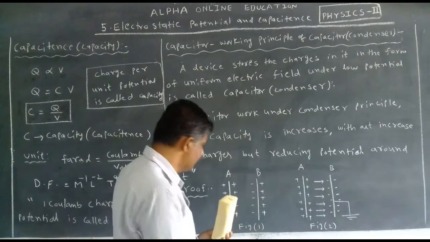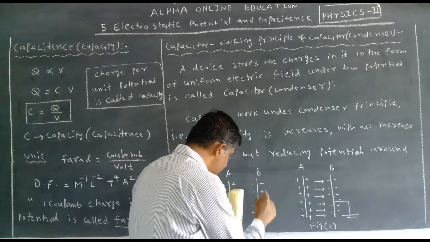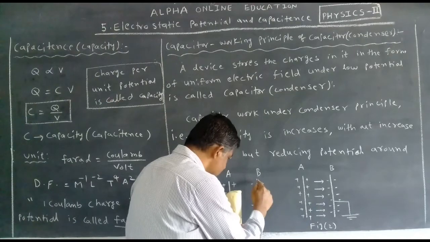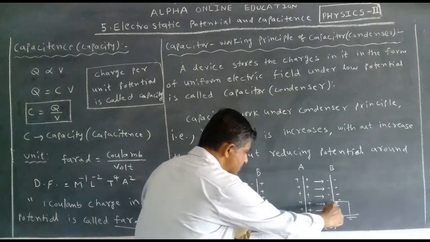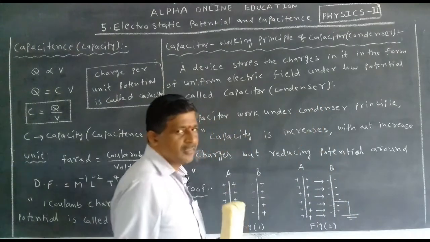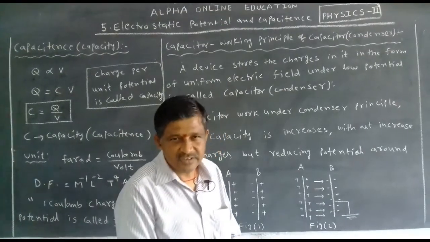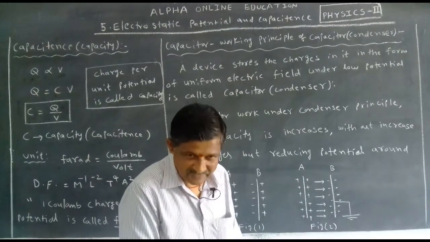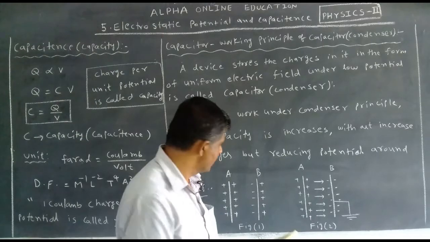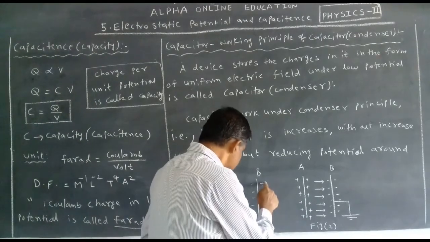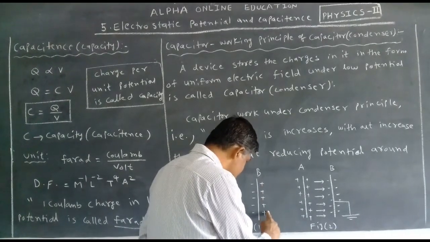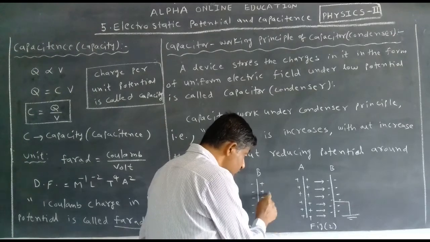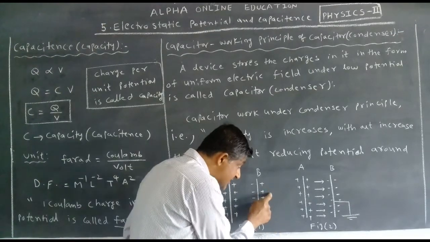After that, the outside of this uncharged plate is connected to the earth. We know the potential of the earth, how much? Zero, which we studied in this chapter. And these are positive charges. Positive charges means the number of negative charges is less here.